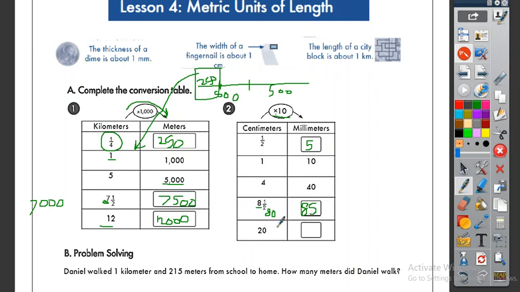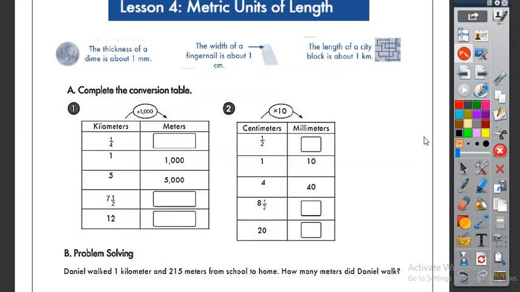Okay, this is how to think about it. And finally, 20 centimeters multiplied by 10, you will get 200 what? Millimeters.